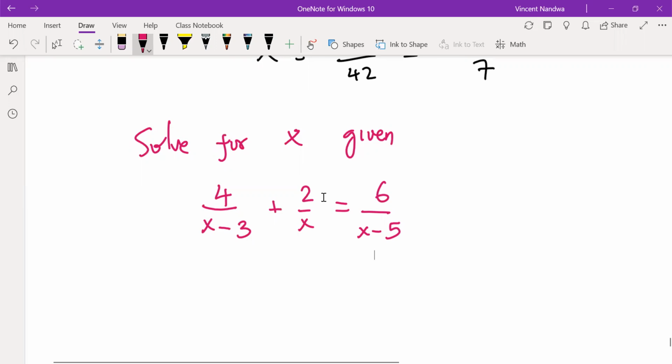So what we do here, we put every side over the same denominator.